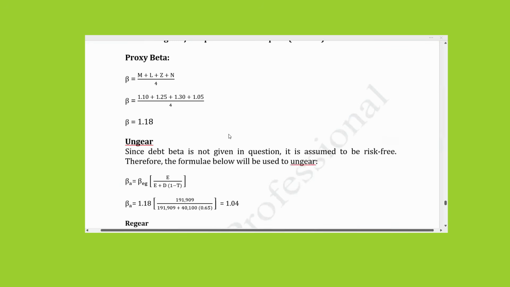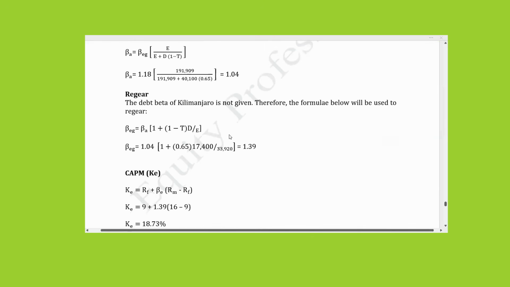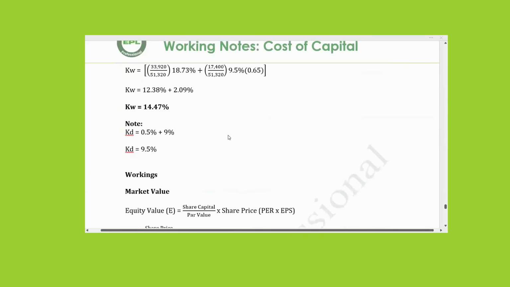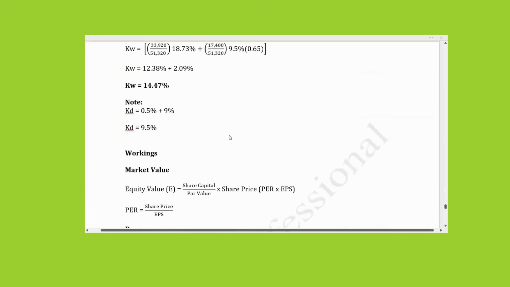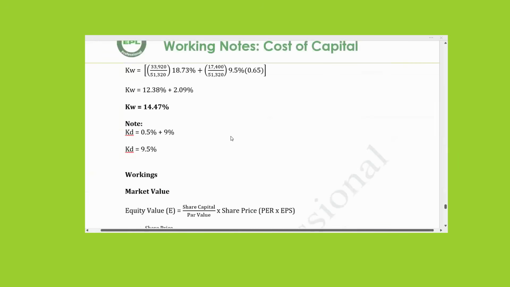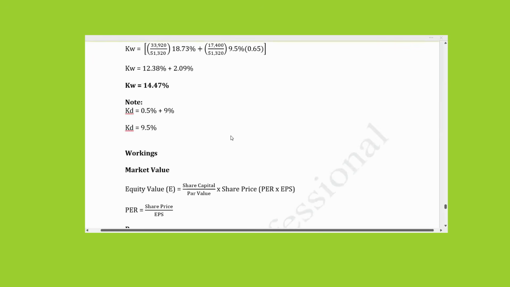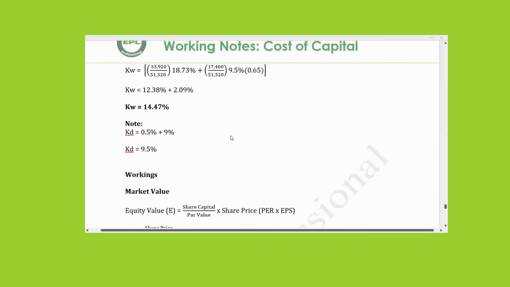I divided the bank loan by 1? How? I think it was 4. I don't know if I can see the question. In this same question of Kilimanjaro, the first one you saw, the debt equity proportion. Is it in the working or in the main calculation? I think in the working.